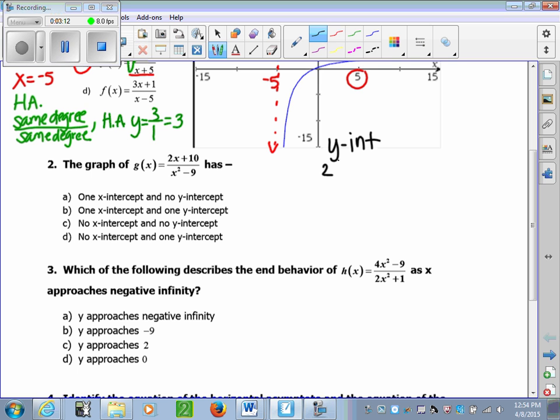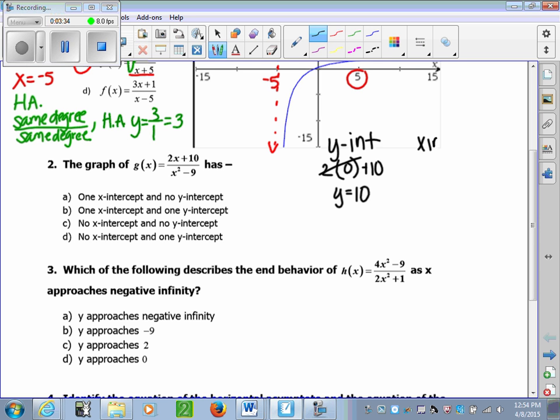So I have 2 times 0 plus 10. And so 2 times 0 goes away and leaves me with my y-intercept at y equals 10. Okay? I have 1 y-intercept.